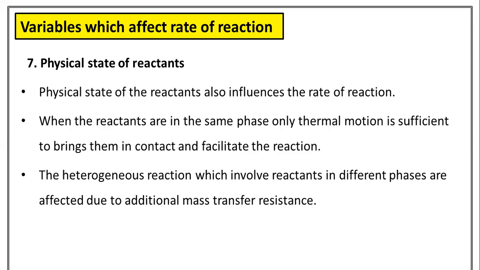But when either reactant or catalyst are in a different phase, or if two or more reactants are in a different phase, then their contacting is difficult, and the mass transfer resistance affects the rate of reaction. That is, such types of reactions are mass transfer controlled, and they generally occur at a slower rate.